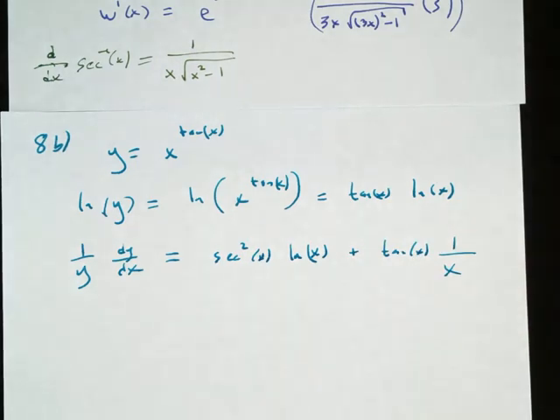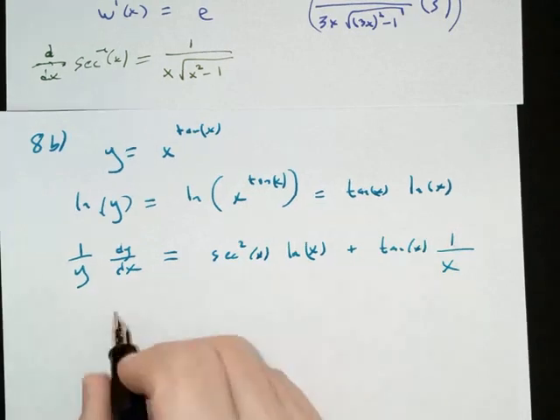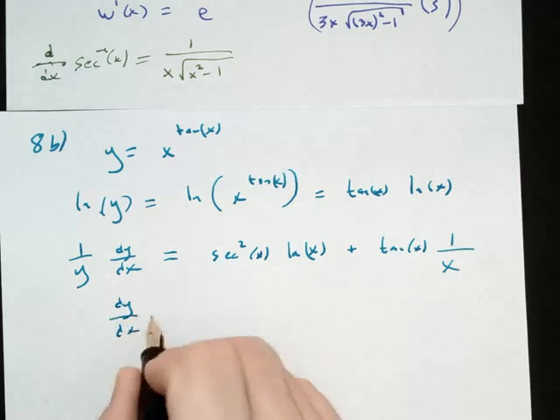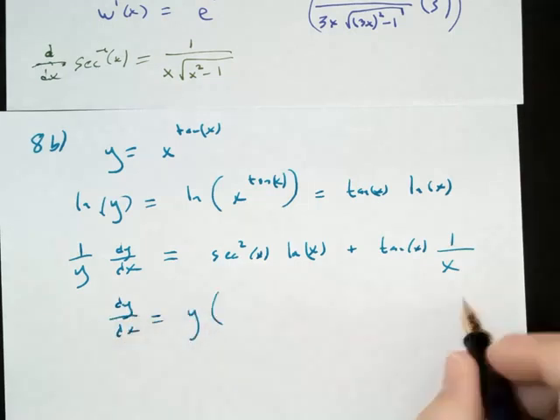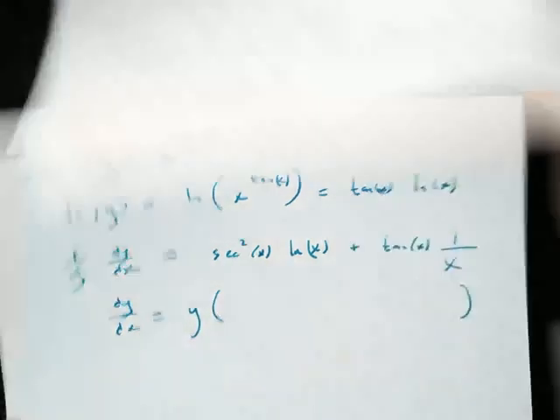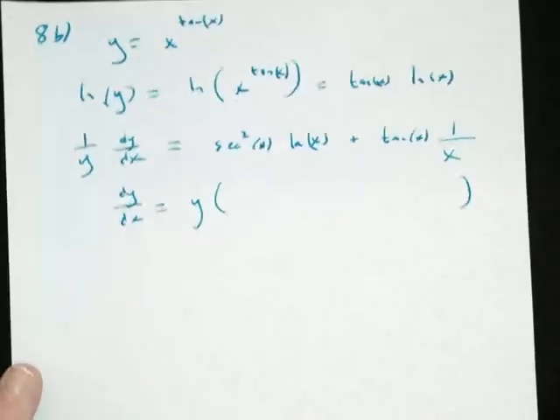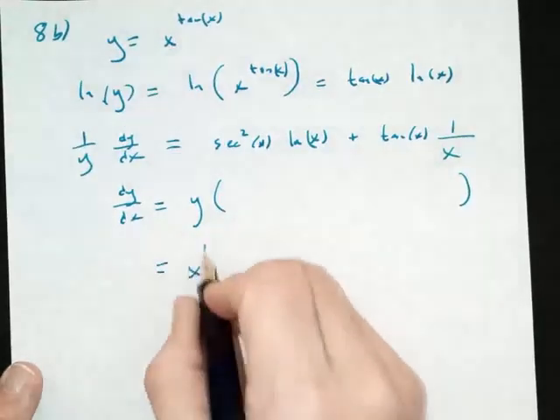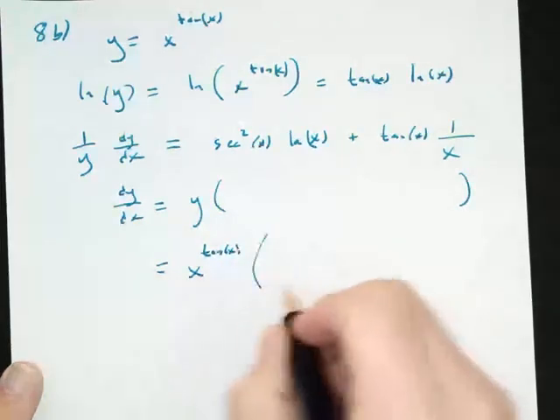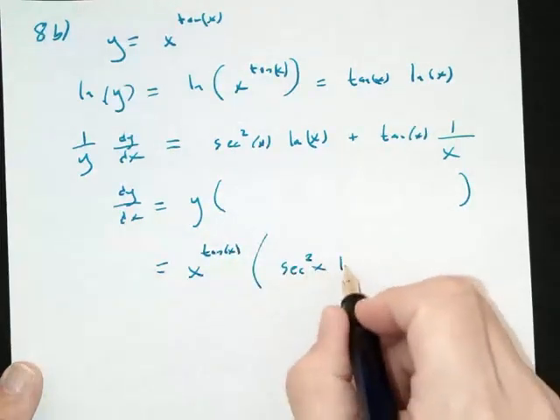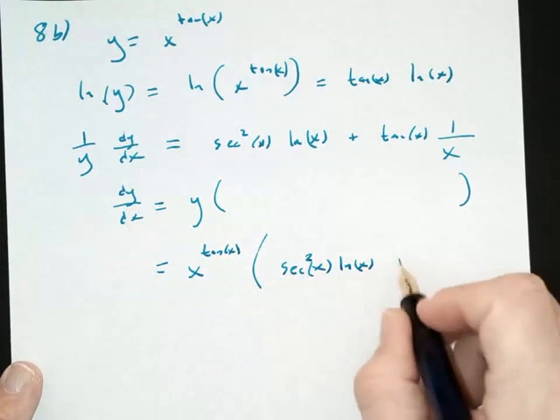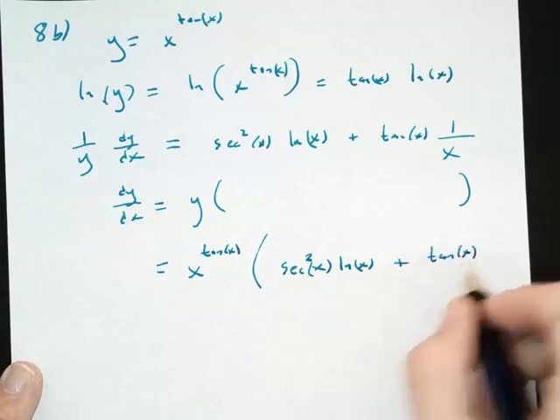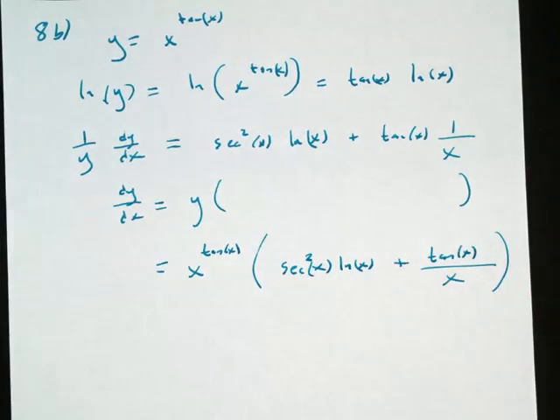My goal was to find dy dx alone. Just said find dy dx. Then I need to move the y to the other side and replace it with its expression in x. It's y times all that junk. Well, wait a minute. That's x to the tangent x times secant squared x ln x plus tangent x over x.